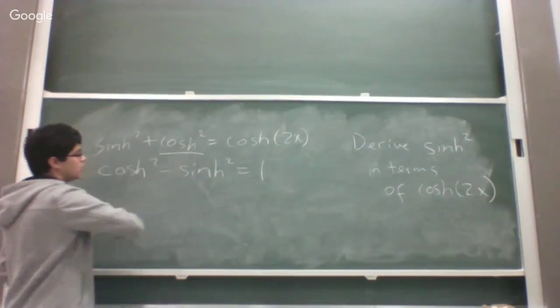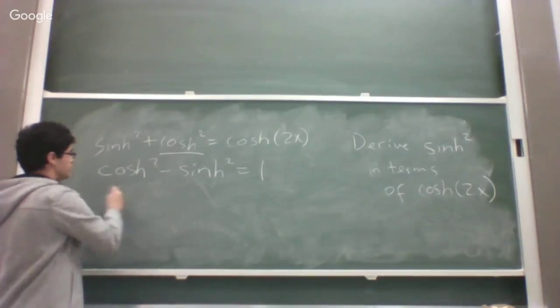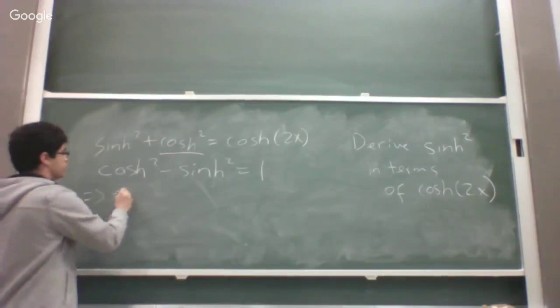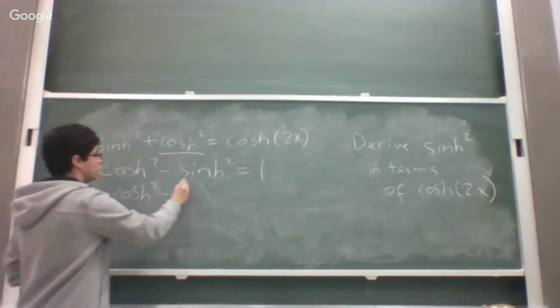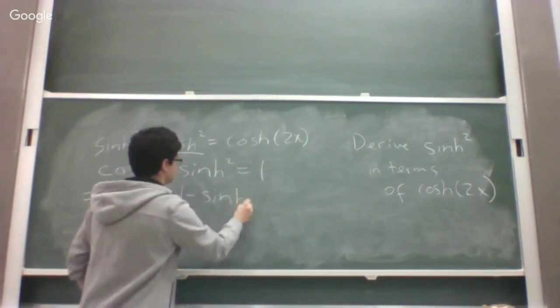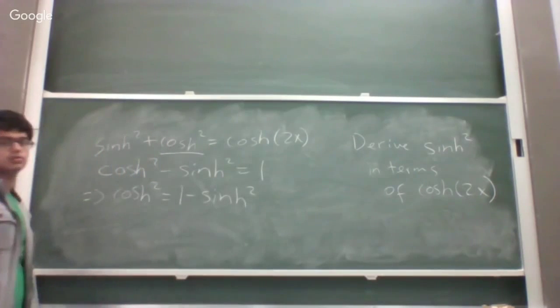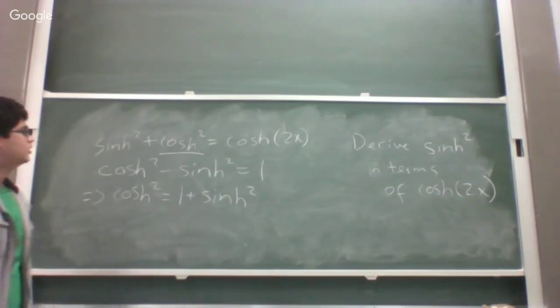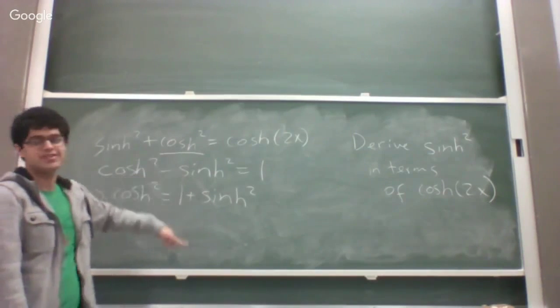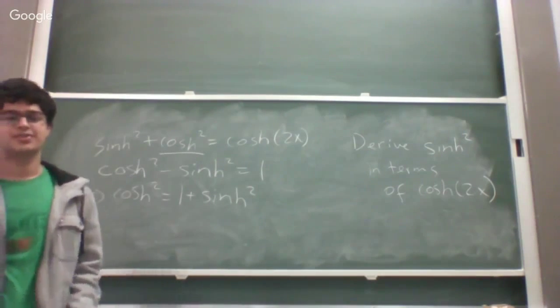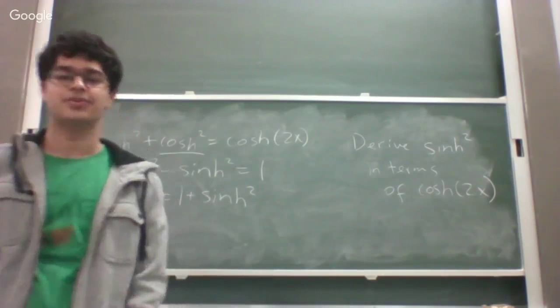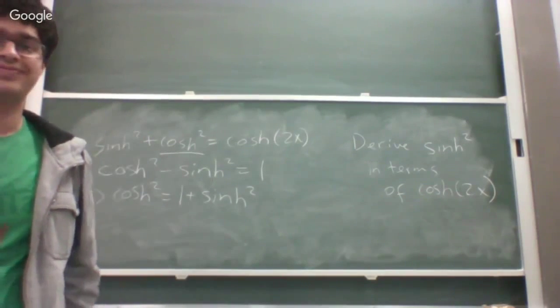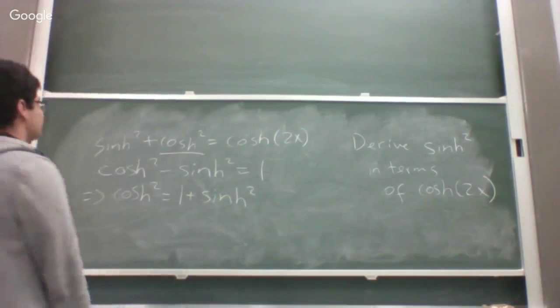And here we have cosh squared. Here we can find, therefore, cosh squared is equal to 1 minus sinh squared. Wouldn't it be 1 plus? Yeah. Very good, thanks. On the test, you do want to write x's there. Okay.